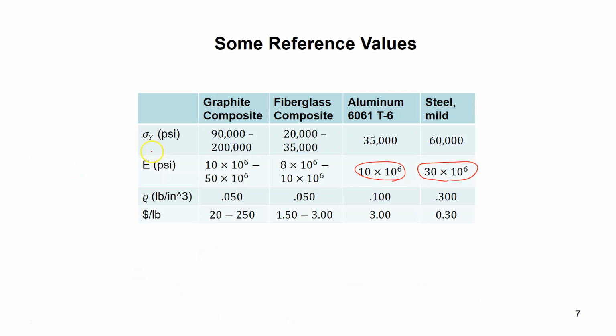And you see that the yield stress, for example, for aluminum is 35,000 psi, and for mild steel is 60,000 psi. For graphite composite, it can go to 200,000. For fiberglass, it's between 20 to 35k psi. So it shows basically how far you can go with these materials before they start to deform permanently.